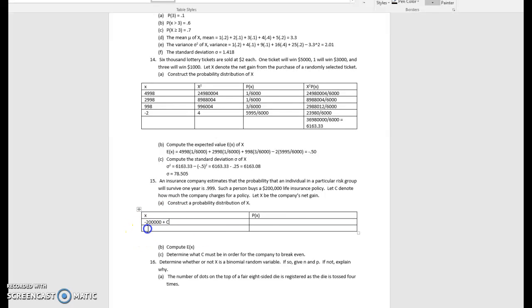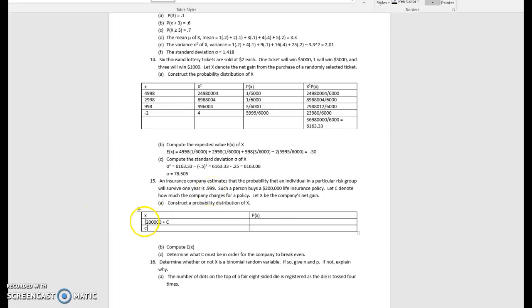All right, so then they're going to be getting back the amount of the premium if the person doesn't die. So C is going to be a nice positive value they get. All right, so what's the probability that this first one happens? Well, let's notice the probability someone survives is 0.999.